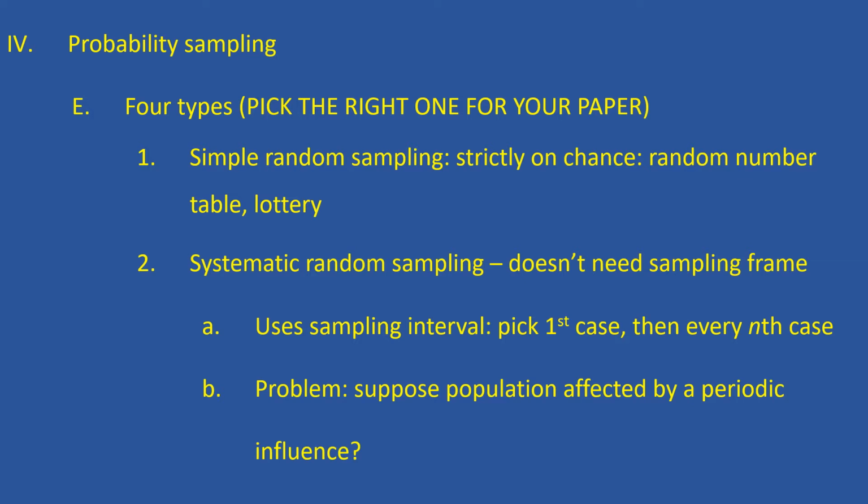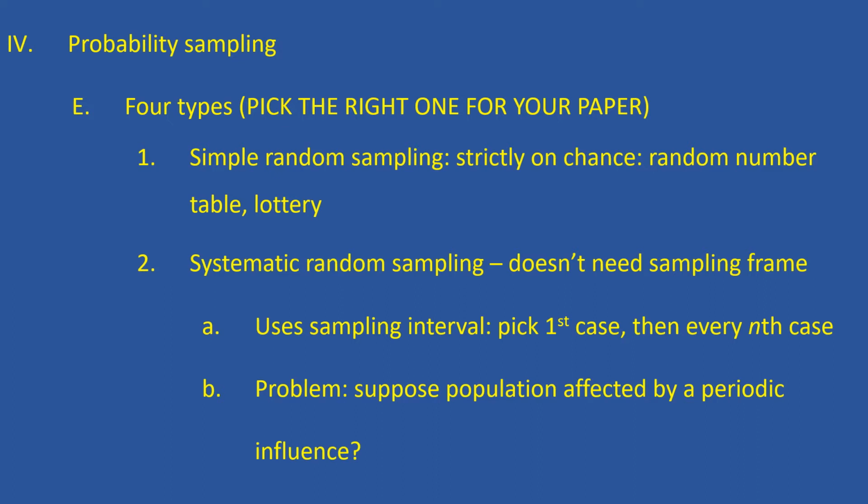Systematic random sampling. It's kind of a cheat because part of the definition of probability sampling is you need a sample frame, and this says you don't need a sample frame, but you need a list, or at the very least, you need numbers. You need a count of the population. You need to be able to know how many people are in your target population.